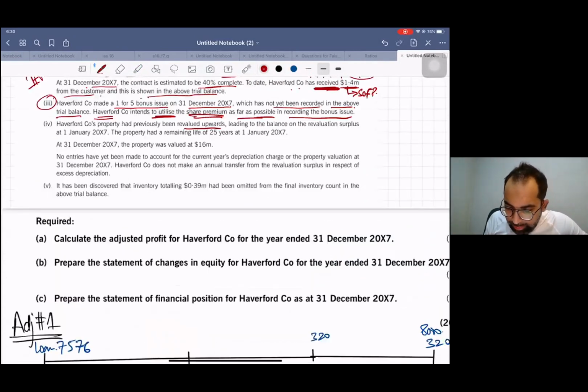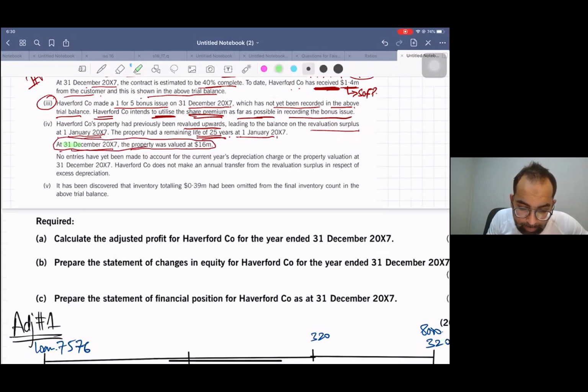Leading to the balance on the revaluation surplus at 1st January X7, the property had a remaining life of 25 years. At 31st December X7 the property was valued at 16 million. Now wait, let me highlight. Can you tell me what's the exact date of revaluation?